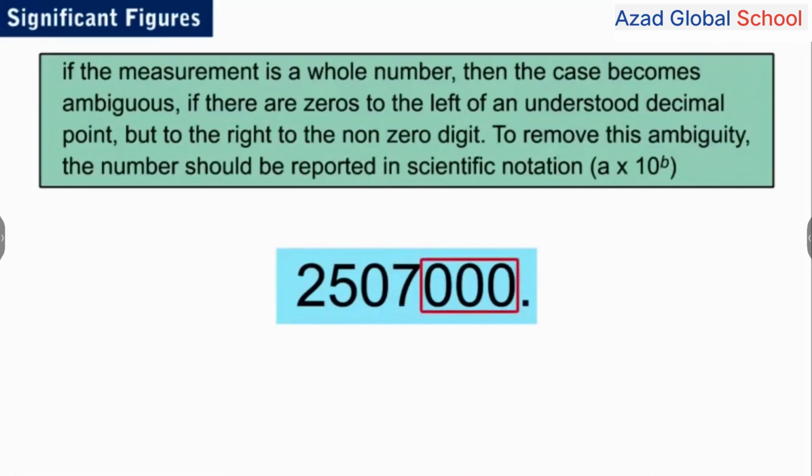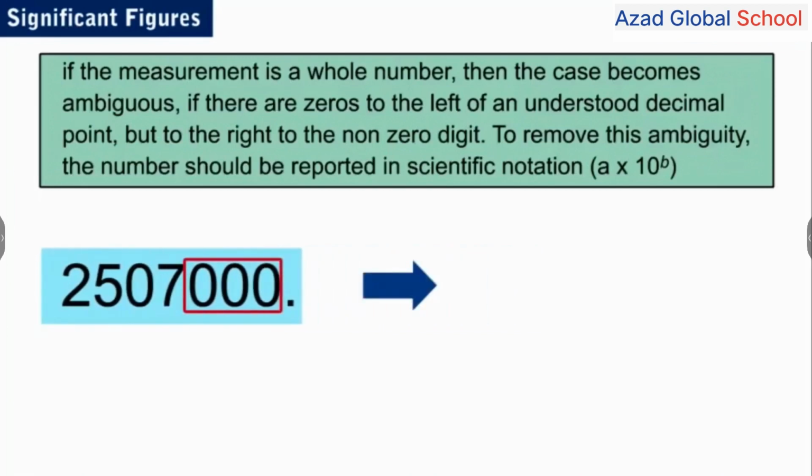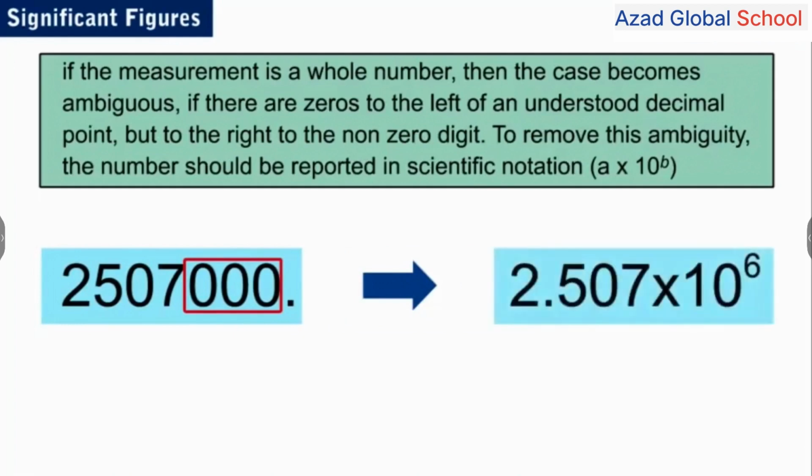There are 3 zeros between the 7 and the understood decimal point. We can report this in scientific notation as 2.507 into 10 raised to the power 6. Now the number of significant figures in this number is 4, since 2.507 is greater than 1.